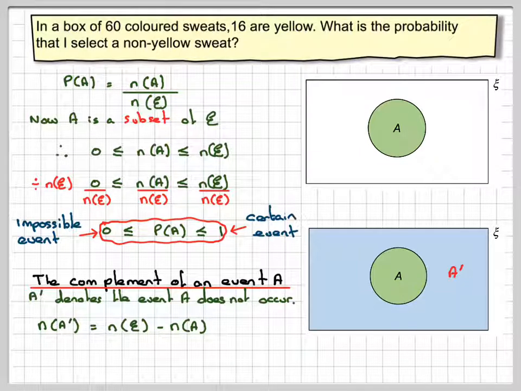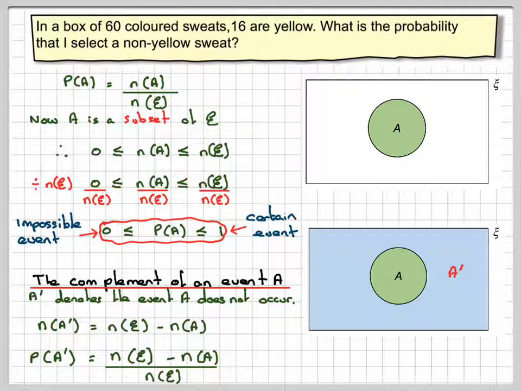So if we divide everything by the number in the universal set like we did up here, then if we divide this by the number in the universal set, we're going to have the number in the universal set divided by the number in the universal set, which is 1.